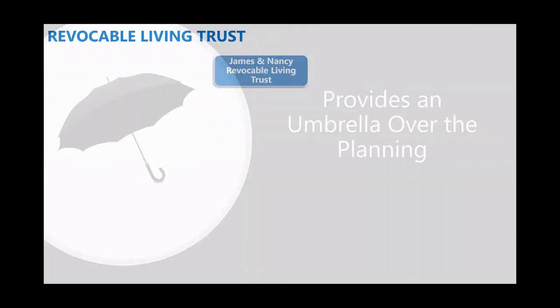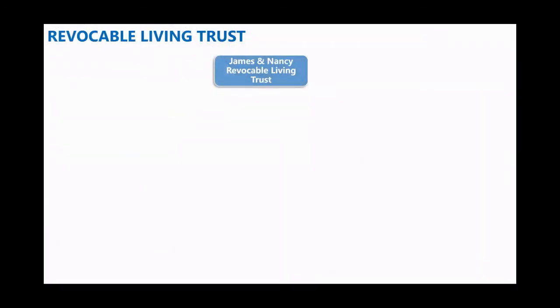And in the process, we can help avoid probate. So if you start looking at the revocable living trust, the reason this is key to all of our planning is because, there again, it really is the foundation to get to all of the advanced planning.